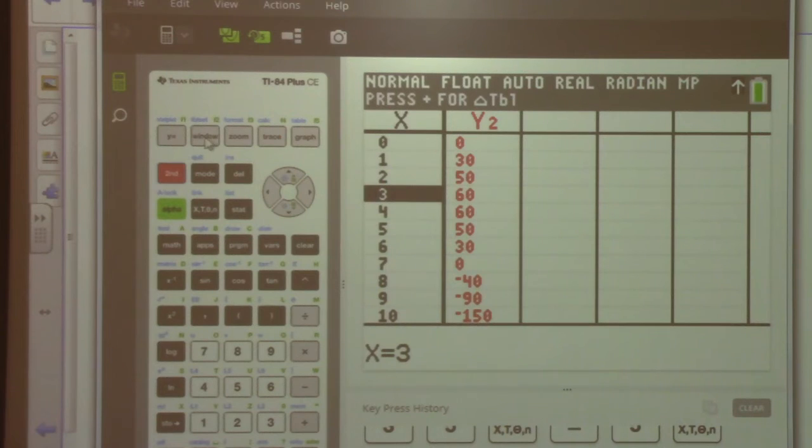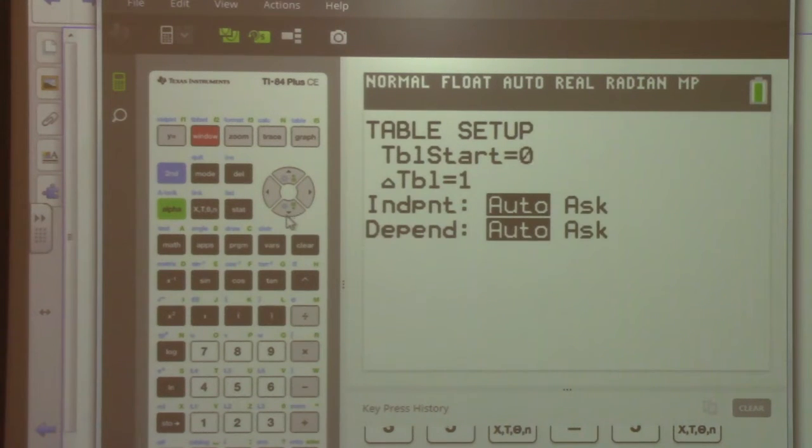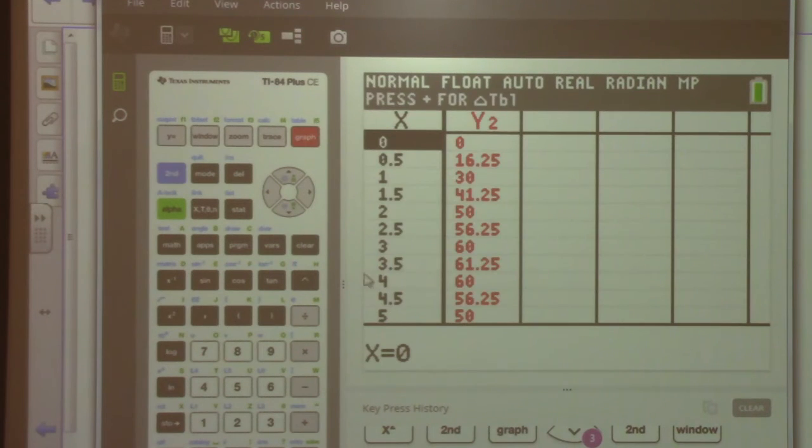But if you go ahead and change the table set here to 0.5, you're going to see something a little different, aren't you? You're going to see a little more detail: on the way up you got to 60 meters, on the way down you got 60 meters, and reached the maximum height in between of 61.25 meters.